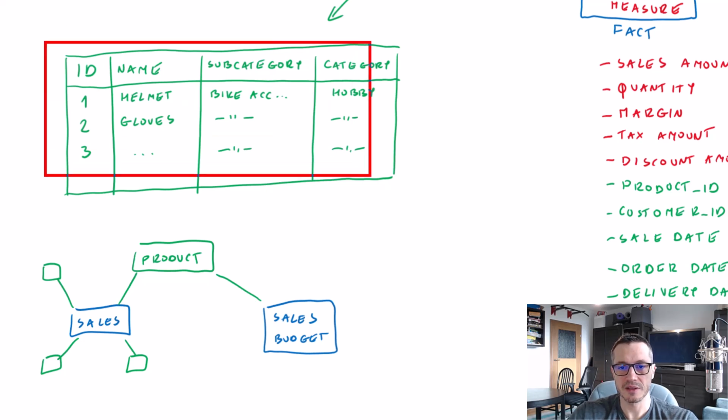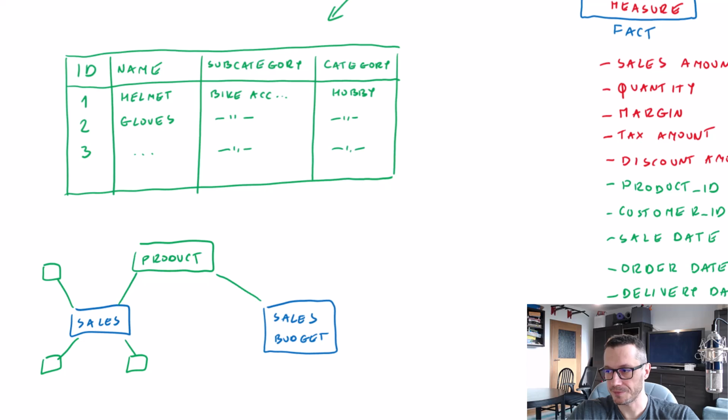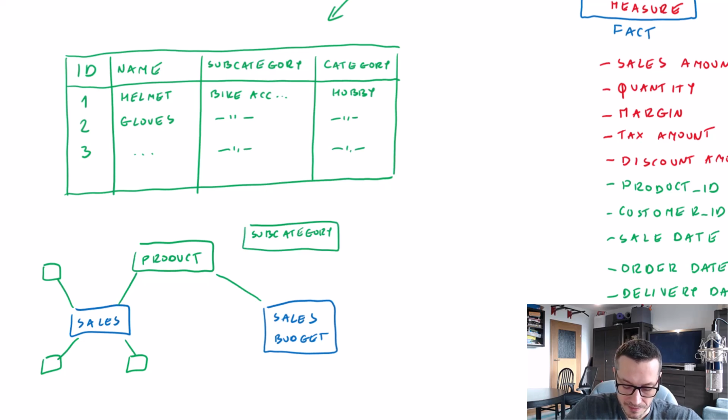So instead of having this one big table that contains this natural hierarchy, product, subcategory, category, we would split it into separate dimensions. So maybe you would have something like this. We have a product dimension, then we have a subcategory dimension, and we have a category dimension.